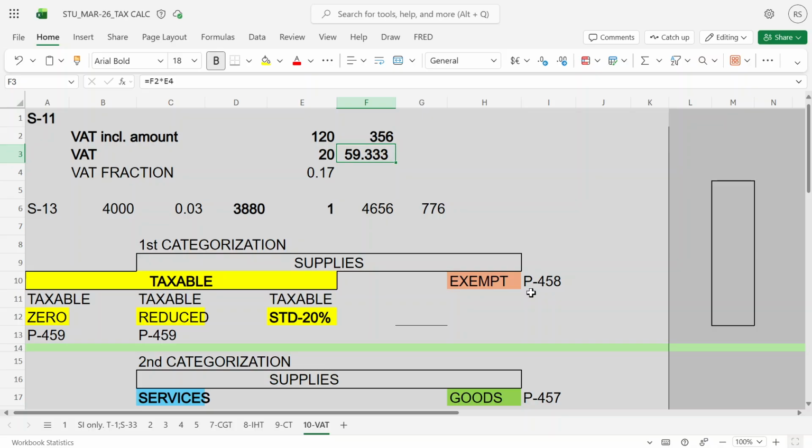You take the VAT inclusive price and multiply it with the VAT fraction, and that gives you the amount of VAT that you will be claiming back. Do you understand? That's why you need the VAT fraction. Normally we only discuss the VAT fraction for standard rated supplies.